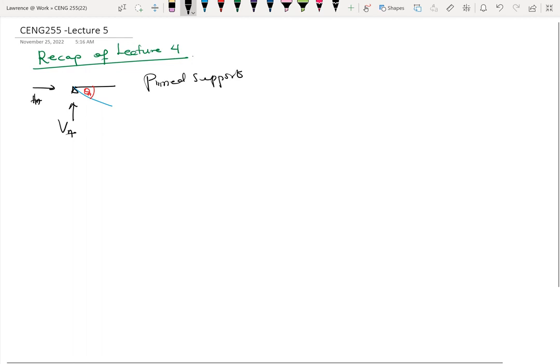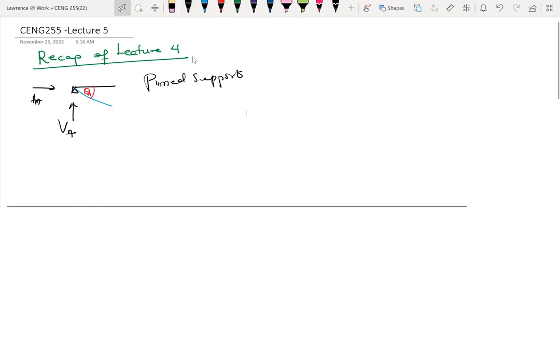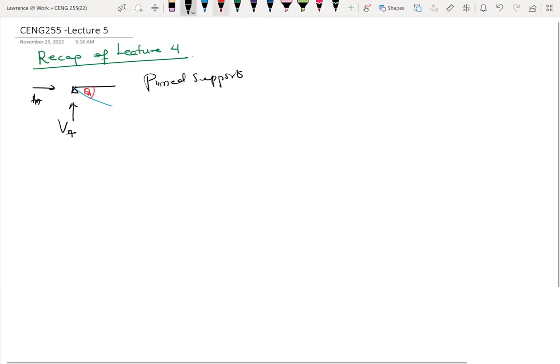So because it is not able to move vertically, or where VA is 0, then it also implies that the deflection at that particular point, delta A, would also be 0. So that's the idea. Rotation at A will not be equal to 0. Okay, so we don't know what that value is.